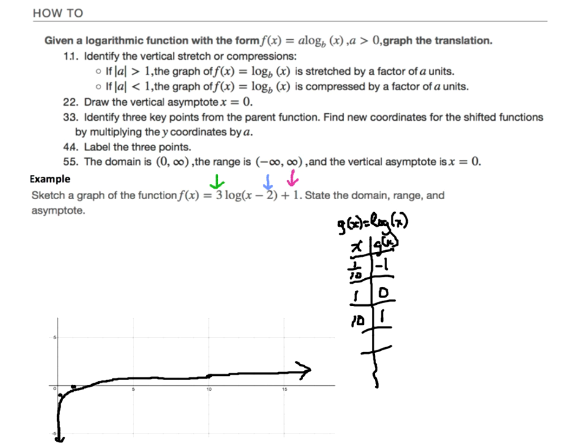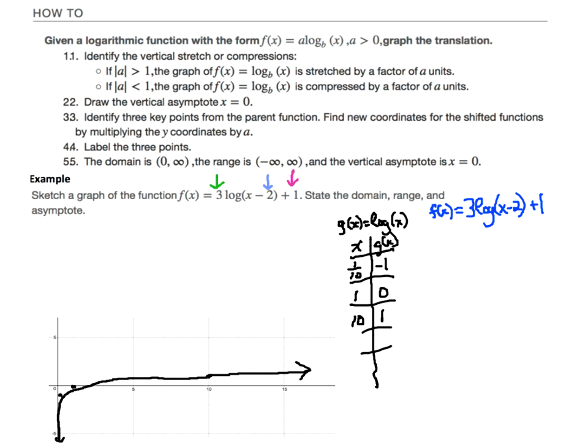So my transformed function, f of x equal to 3 times the log of x minus 2 plus 1.